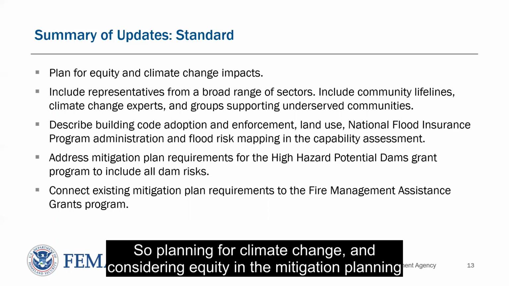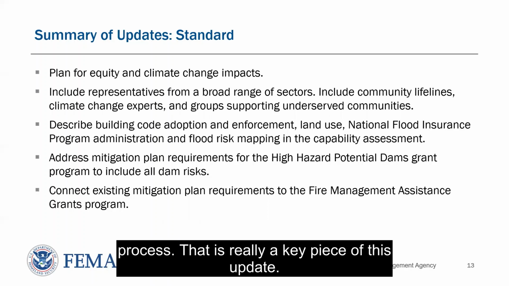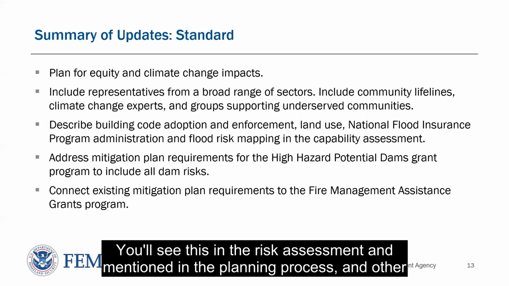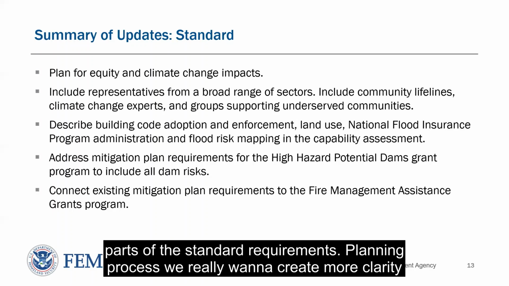Planning for climate change and considering equity in the mitigation planning process, that is really a key piece of this update. You'll see this in the risk assessment and mentioned in the planning process and other parts of the standard requirements.